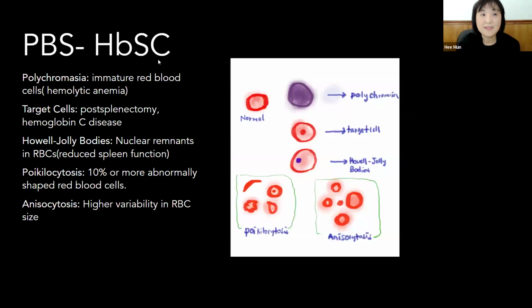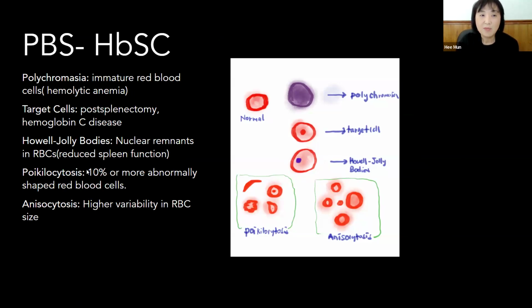So in HbSC, polychromasia is immature red blood cells, usually seen in hemolytic anemia, and target cells post-splenectomy or in hemoglobin C disease, you can see them. Howell-Jolly body is a nuclear remnant. It's cleaned by the spleen, but if the spleen is reduced, it's not going to do its job.